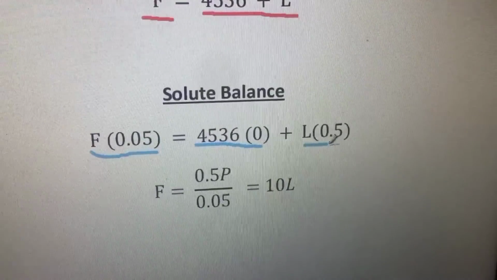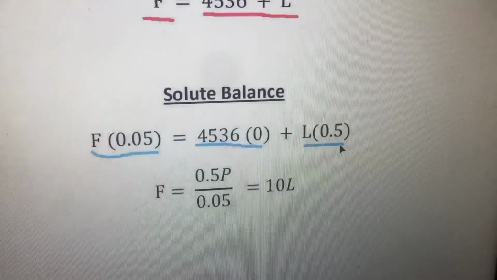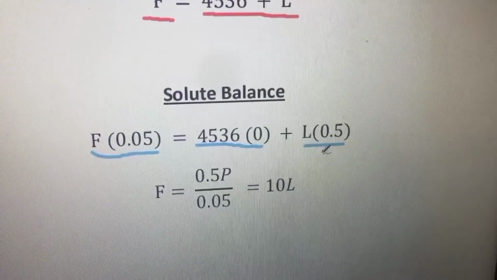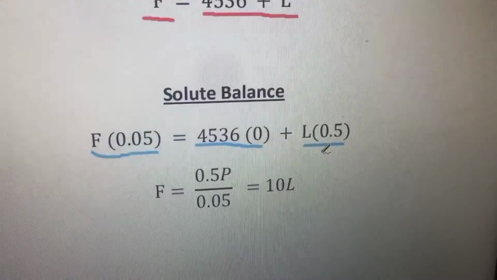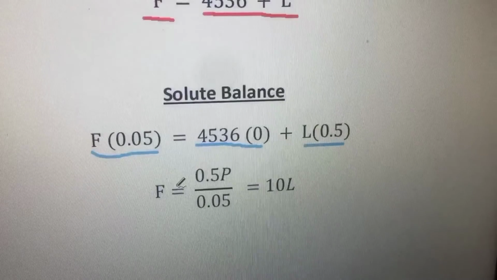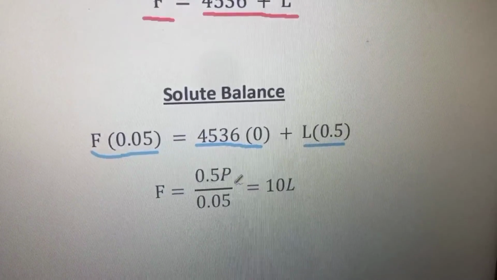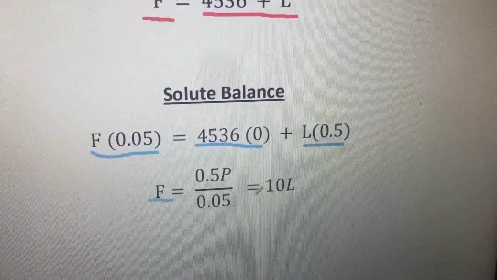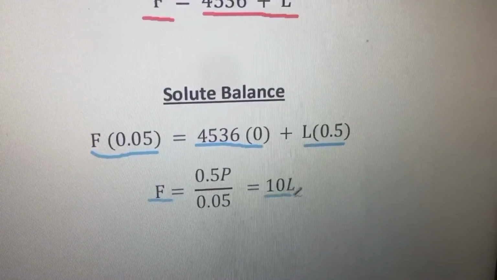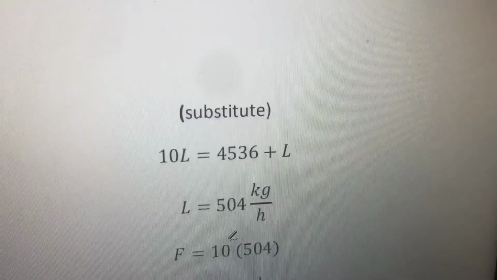since there is 50% organic colloid leaving the system. So to find the value of F, we combine 0.5 L over 0.05, so we get F equals 10L. To find the unknown, we're going to substitute this equation into our first equation.